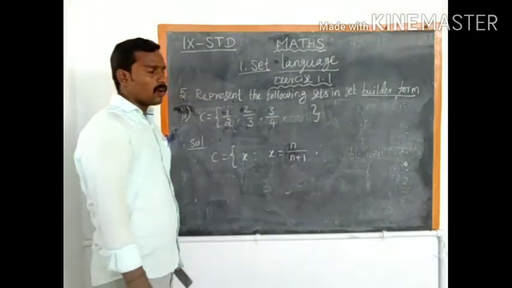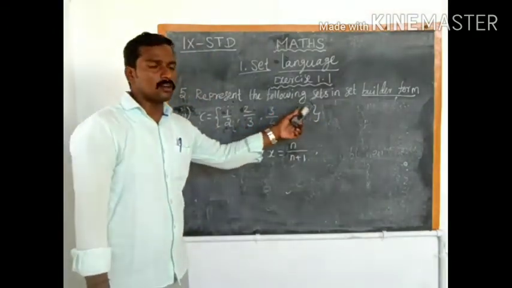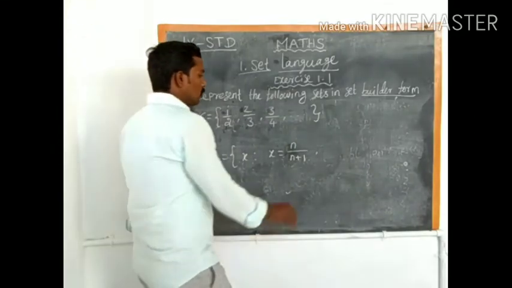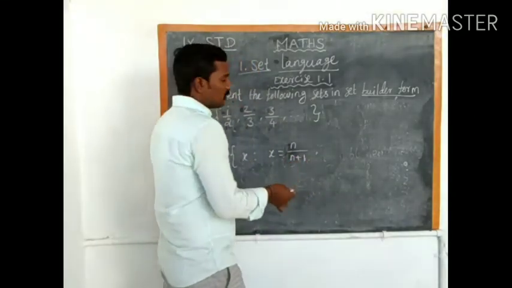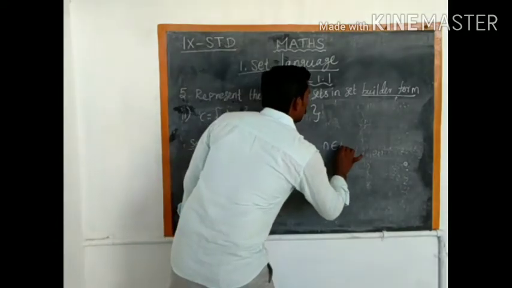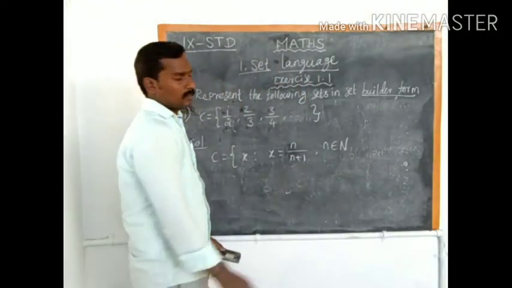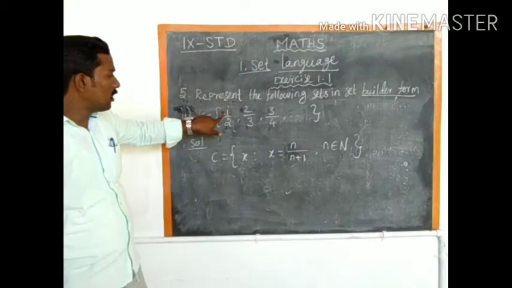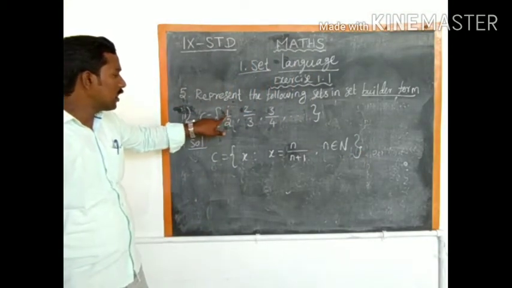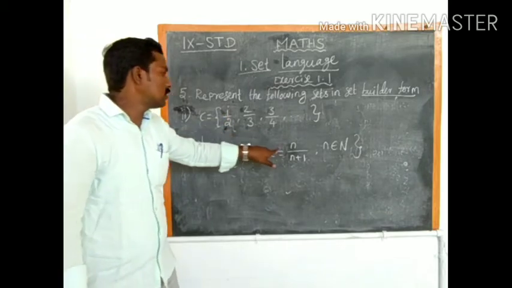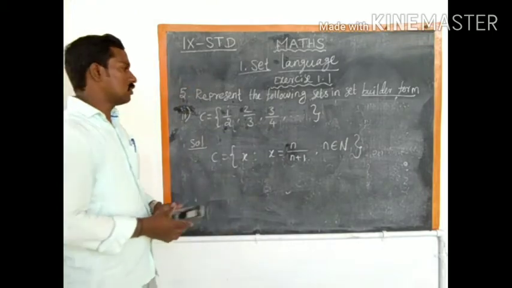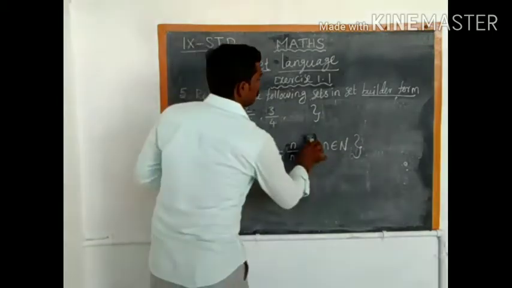What are the numerators? The numerators are all from the natural numbers, so you select all the numbers from the natural numbers. So n belongs to capital N. That's all. Have you understood? Compare numerator and denominator, you get one result: the denominator is the successor of the numerator. Okay. That's all.